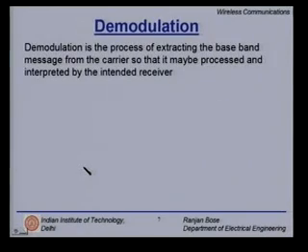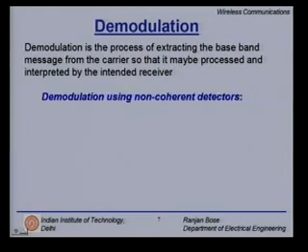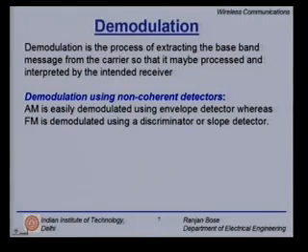What is demodulation? Demodulation is the process of extracting the baseband message from the carrier so that it may be processed and interpreted by the intended user. Now, we broadly have two kinds of demodulation. Either you can have demodulation using non-coherent detectors.